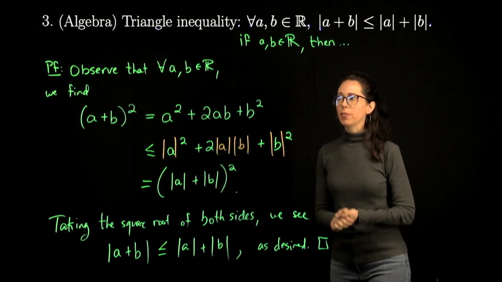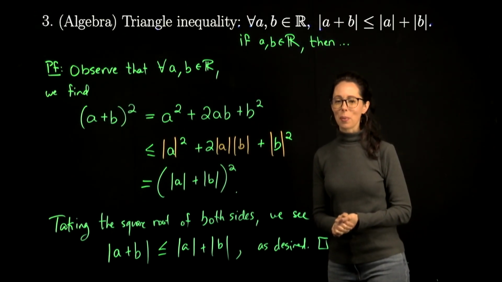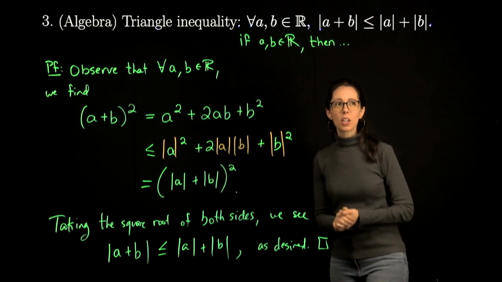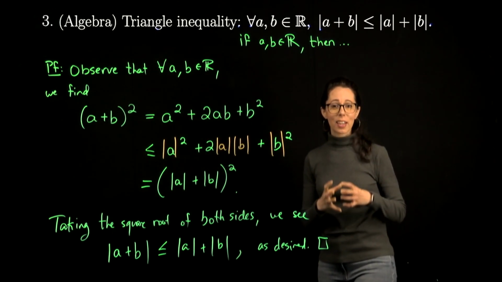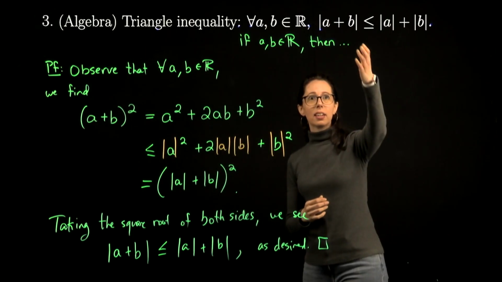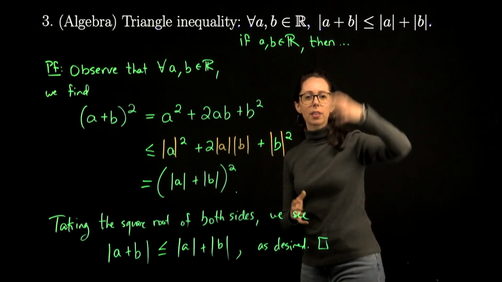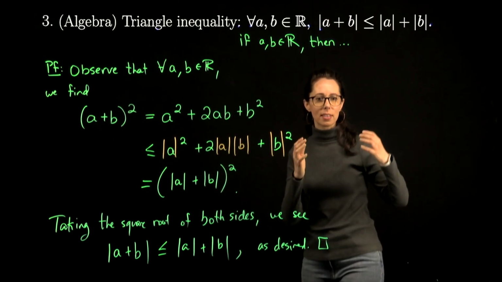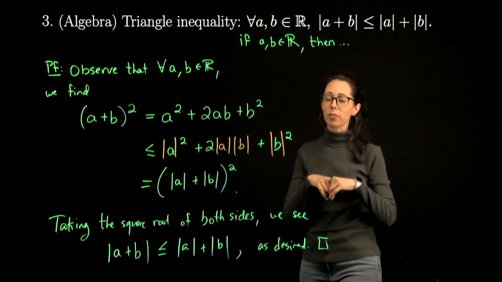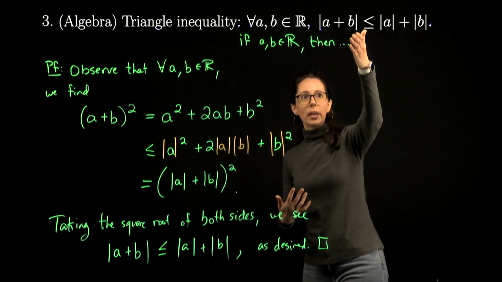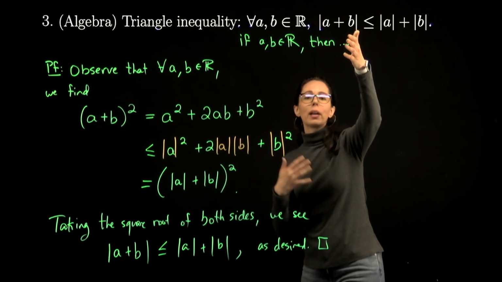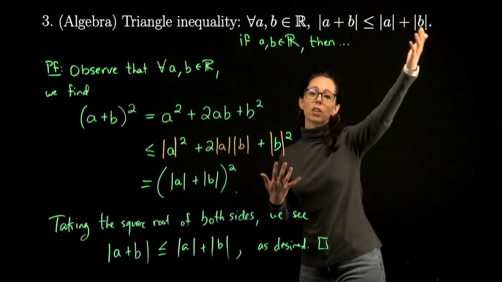Before we leave the triangle inequality for a few minutes, I want to mention that this inequality is so important because we are often interested in measuring size. And if we're taking the absolute value of something, trying to assess its size, whether it's the size of a number or maybe, as we will in a few minutes, the norm of a vector, perhaps we don't know too much about whatever this left-hand side is, but we can control the right-hand side.